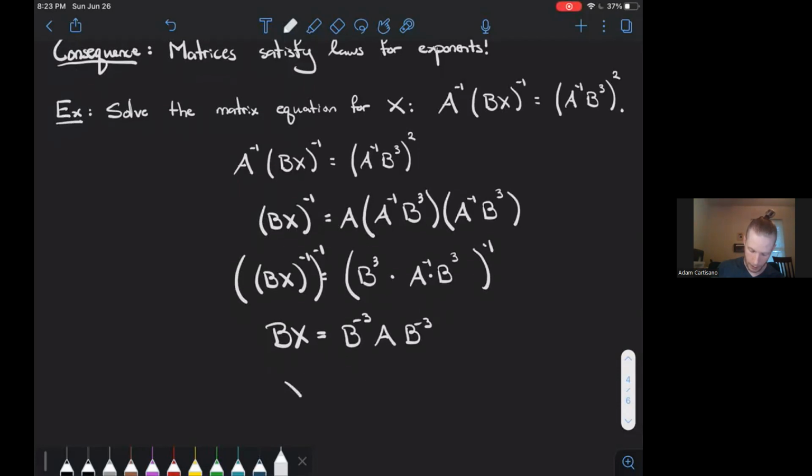So x equals b inverse times b to the -3, which is b to the -4, a b to the -3. Has to be on the left. It can't be on the right because matrix multiplication does not commute, right? Okay, final answer. A lot of properties going into this one.